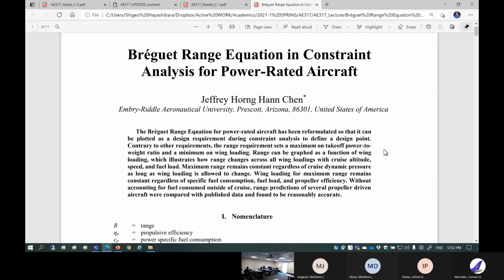So he talks about the Breguet range equation in constraint analysis for power-rated airplanes. His approach is essentially a 100% mathematical approach: when you design an airplane and come up with your airplane configuration, you can estimate the range. As your configuration comes up, you can use this series of equations to estimate the range of the airplane.